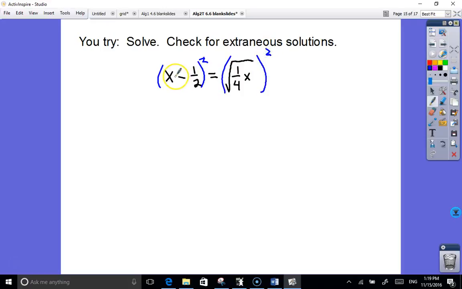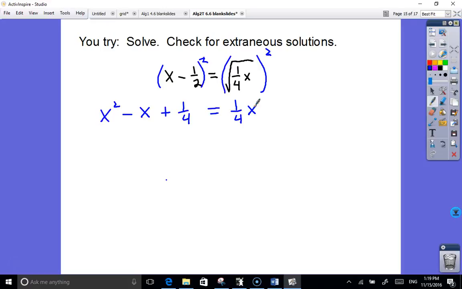Now, again, when you have a sum or a difference inside the parentheses, when you square it, that's not x squared minus 1/4. It's x minus a half times x minus a half. That's a FOIL. And if you FOILed it correctly, you would have gone x squared minus x plus 1/4. And on the other side, we would have had 1/4 x.